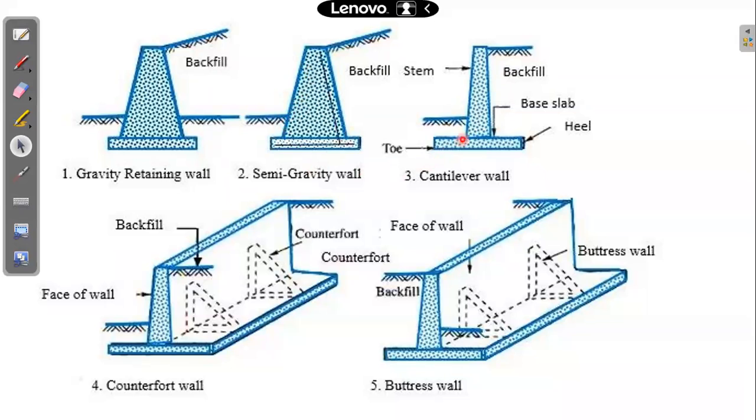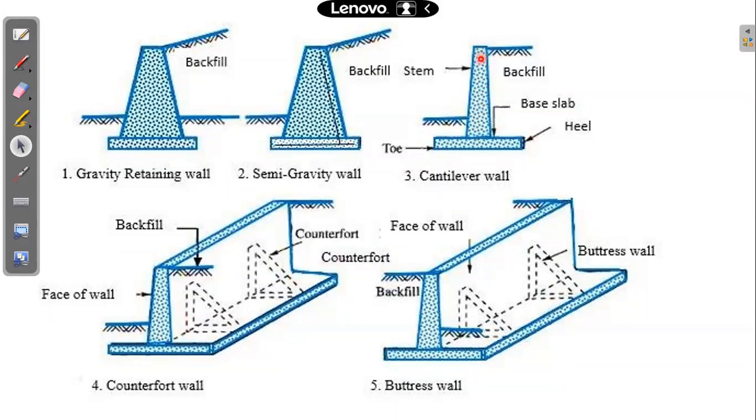Coming to the next type, we call it a cantilever type of retaining wall. You can clearly see why it is called the cantilever type of retaining wall. This vertical wall, which is actually the retaining wall, we call the stem.